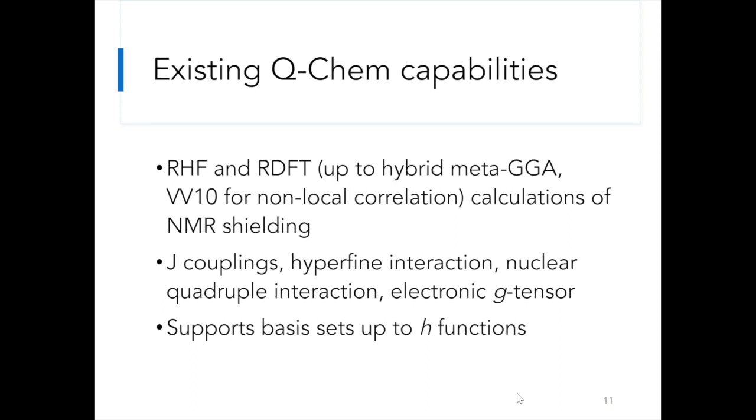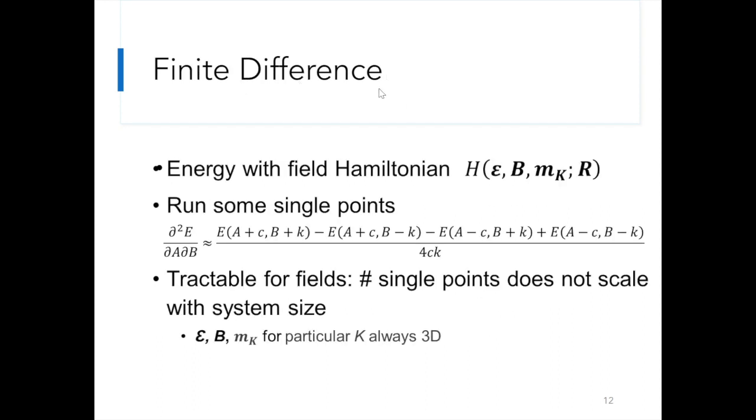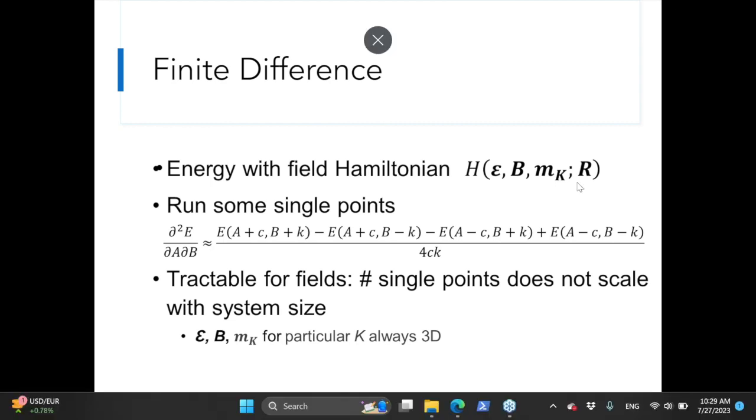So for that purpose, we consider the finite difference way of going about the energy derivative. What we need for this is a field Hamiltonian, to evaluate energy from this field Hamiltonian, where you have explicit dependence on the electric field, the magnetic field, and the nuclear spin, of course parameterized by the nuclear coordinates.